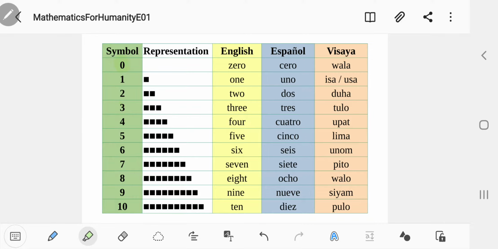That's nothing. In English, we call that 0. In Espanol, cero. Sa Bisaya, wala. We also have this symbol representing the number 1. And you have an object here that represents that number. In English, that's 1.